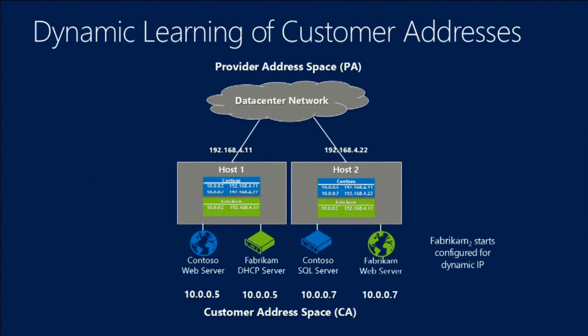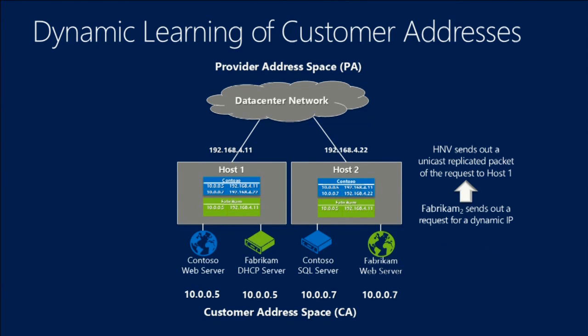Now, let's say you bring on another VM, and that second VM wants to learn its IP address from DHCP. Let's say this is a web server. When you onboard this VM, the web server will send the DHCP broadcast traffic to try to find the IP address.